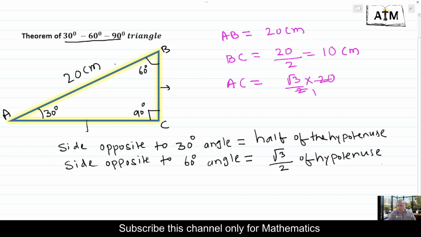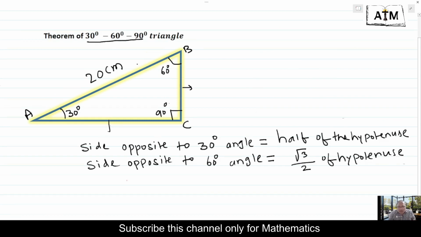So 2 ones are 2, tens are cut down. So AC equals 10√3 centimeters. So 10 into 1.732 centimeters. Then how much will it be? It will be nothing but 17.32 centimeters.